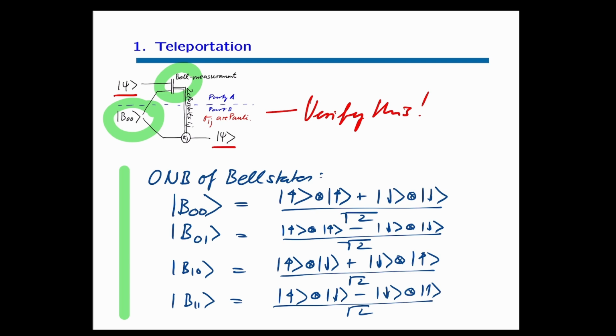So another Bell state you may also recognize, this is what we call here B11. So there was the spin singlet that we talked about when we discussed Einstein's spooky action at a distance, or the correlations that follow from entanglement.